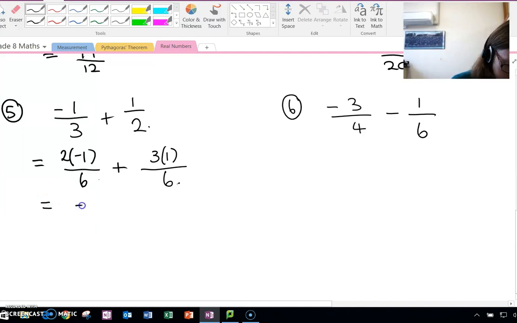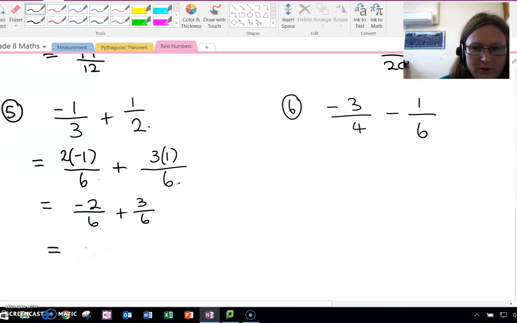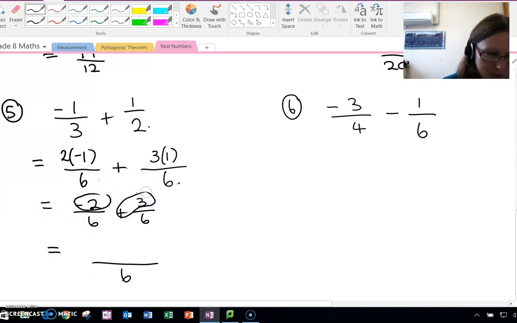So now I've got negative 2 over 6 plus 3 over 6. Okay, this goes back to the topic we did at the start of the year. We're going to put it all over 6. Let's look at the numbers on the top. We have negative 2 plus 3.